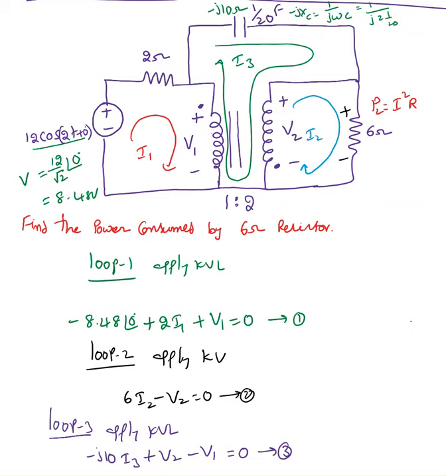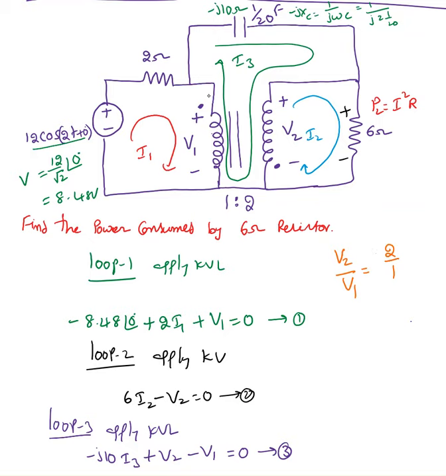Now based on the turns ratio or transformer ratio, we can find another equation. Here the other equation is equation 4. I'm going to write it down here: V2 over V1 equal to 2 over 1. Now the important point is whether this is positive or negative.